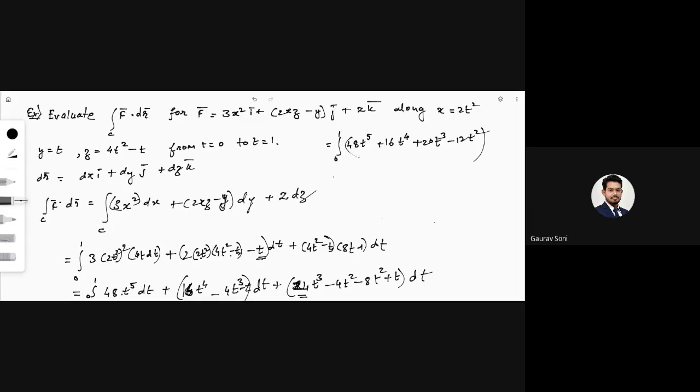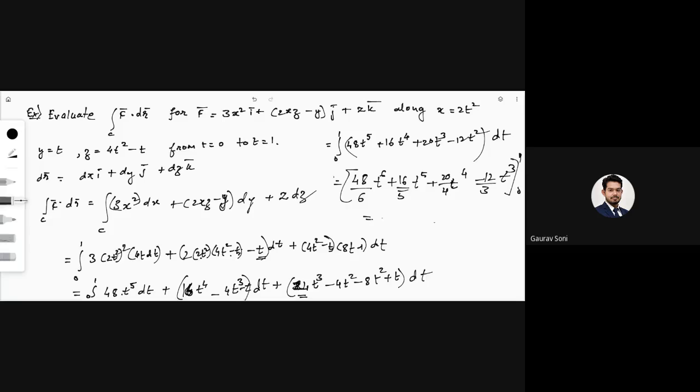We have dt over there. So 48 by 6 t raised to 6 plus 16 by 5 t raised to 5 plus 20 by 4 t raised to 4 minus 12 by 3 t cube, limits from 0 to 1.